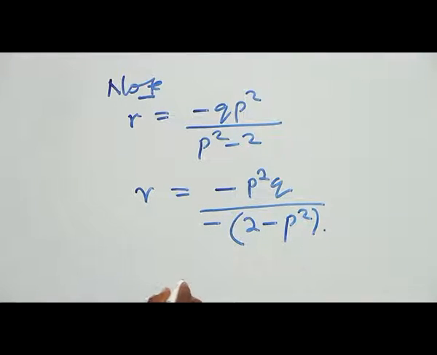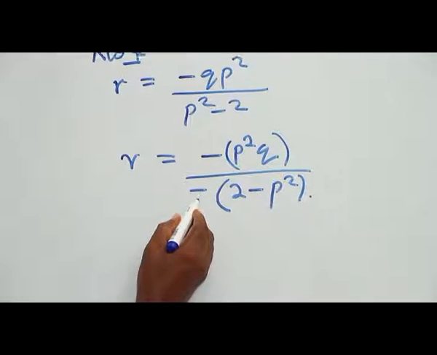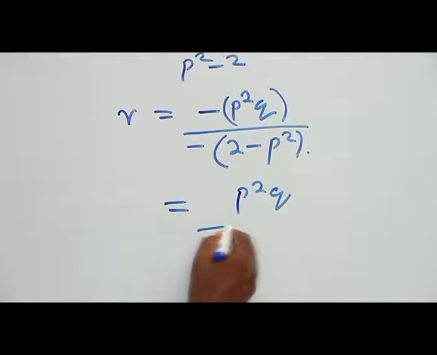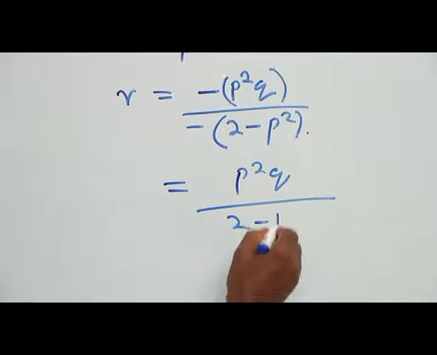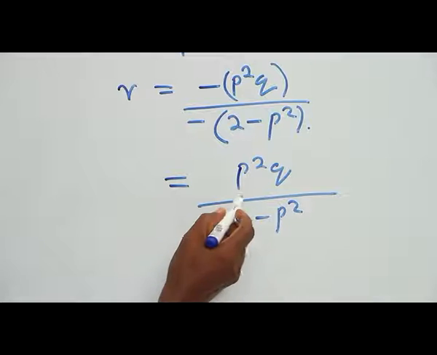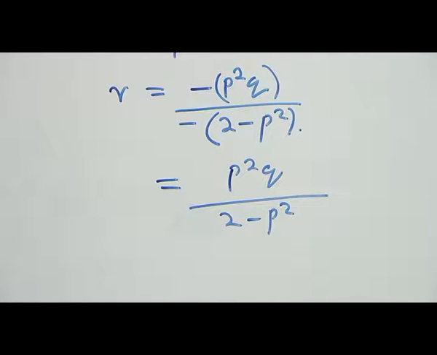Now this is simplified because we cancel the minus to leave you with p squared times q all over 2 minus p squared. This is also an alternative answer to the other one that we did earlier.